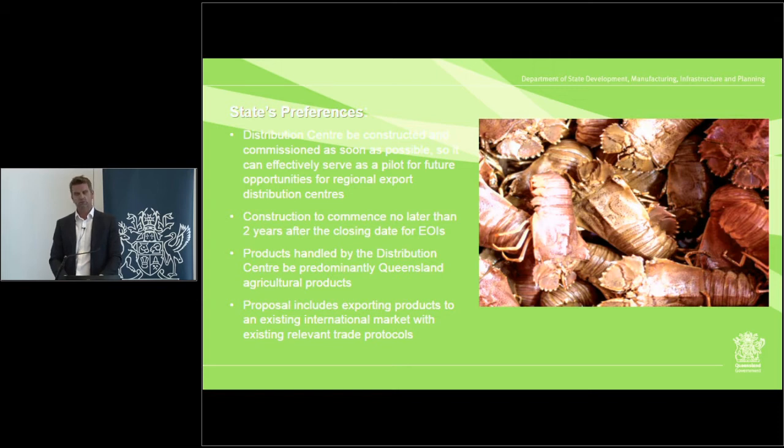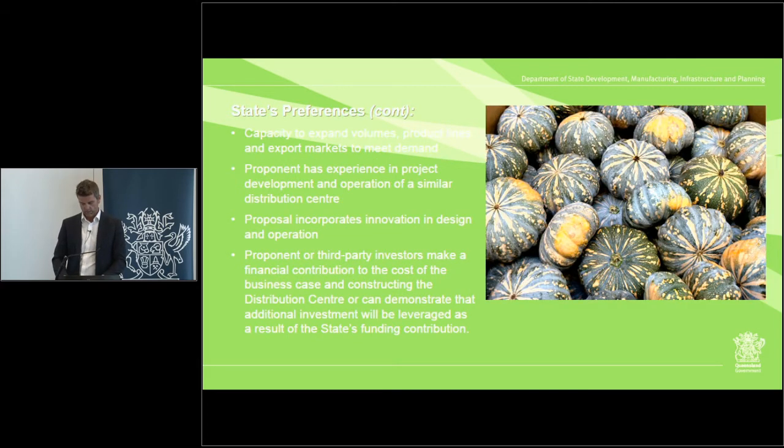Products handled by the distribution centre should be predominantly Queensland agricultural products. The proposal should include exporting products to existing international markets with existing relevant trade protocols. The distribution centre will have the capacity to expand volumes, product lines and export markets to meet demand.